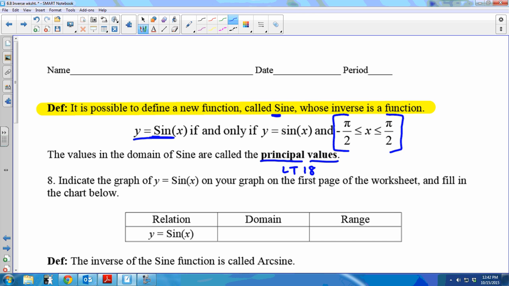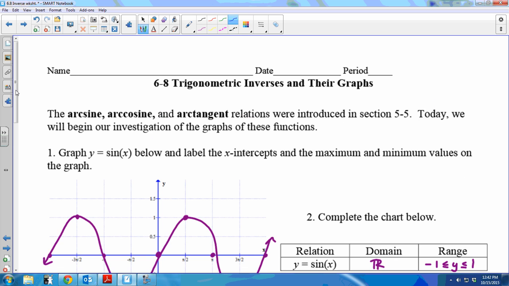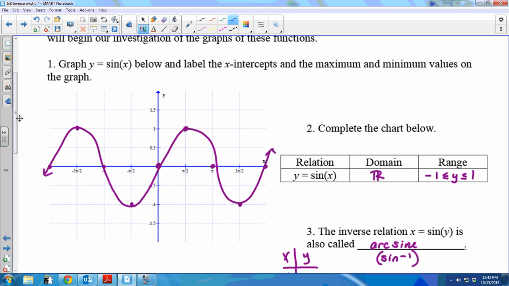So 8 says indicate the graph of y equals capital S Sine x on your graph. So if you flip back to your graph, we're going to make a box around the part of the function we're actually looking at, right? We're restricting the domain to negative pi over 2 to pi over 2. Then I'm just looking at this subsection of the curve. Does that make sense?